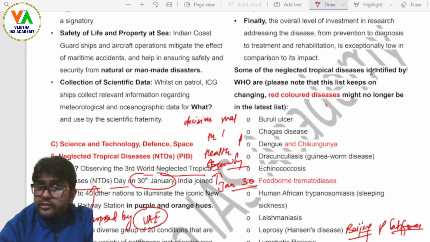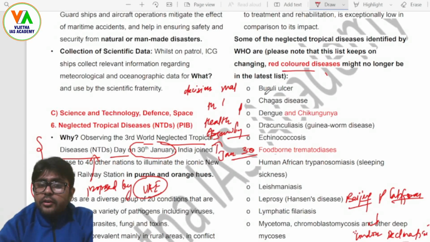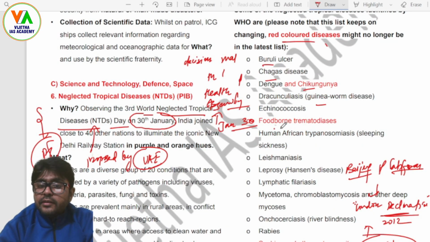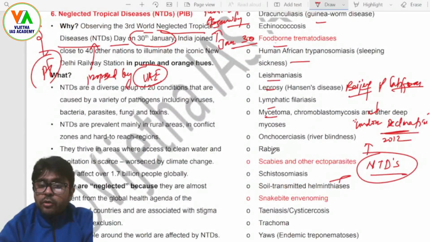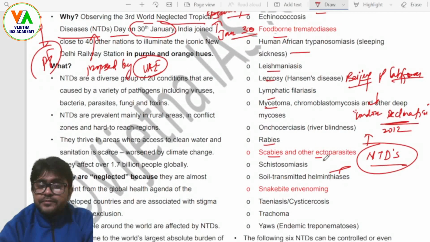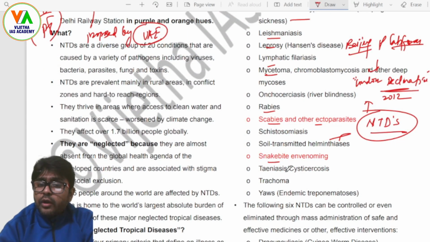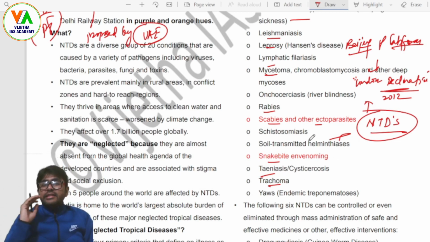Some of the neglected tropical diseases identified by WHO are Buruli ulcer, Chagas, dengue, chikungunya, Guinea worm disease, foodborne trematodiases, human African trypanosomiasis, leishmaniasis, leprosy, lymphatic filariasis, mycetoma, rabies, scabies, snakebite, taeniasis, trachoma, all these diseases.